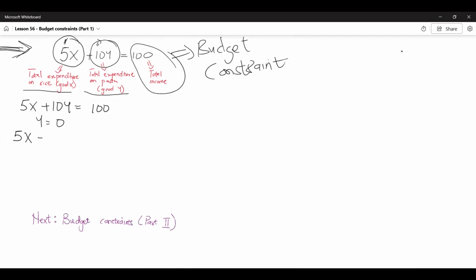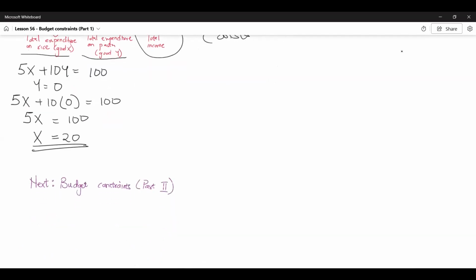So we have 5x plus 10 times 0. If we rewrite this, then we have 5x equal to 100. So x is equal to 20. So this 20 is the maximum bowls of rice that Ella can buy per week if she decides to spend all her income buying rice and nothing of pasta.